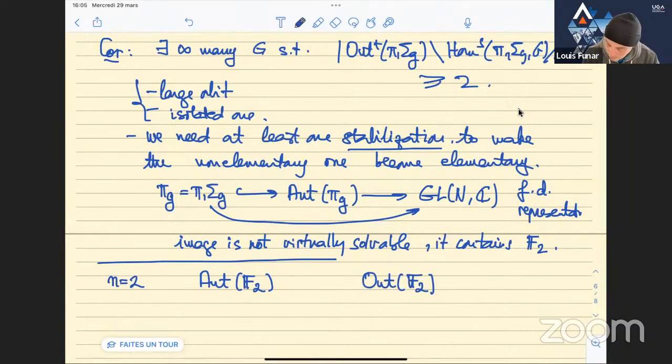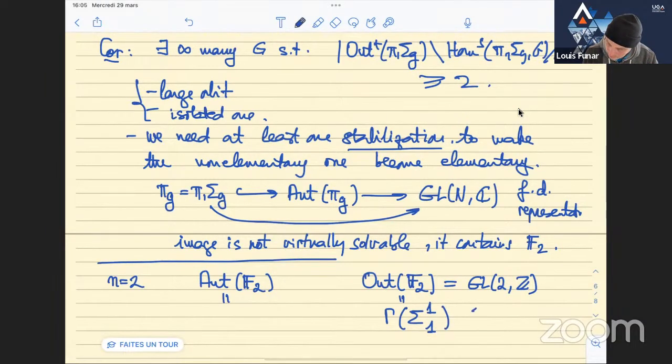So the automorphism group is GL2 of Z. And the outer automorphism group is, so this is also the mapping class group. Oh, I don't remember how it's called, the mapping class group of the torus of genus 1 with 1 puncture.